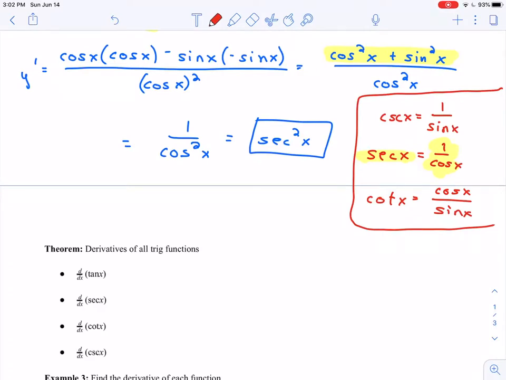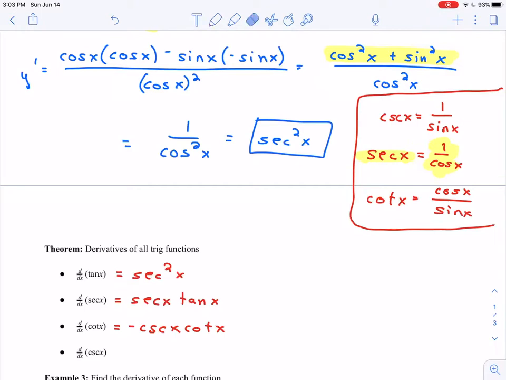So we said the derivative of tangent of x was secant squared x. The derivative of secant of x is actually secant x times tangent x. Derivative of cotangent of x, that is negative cosecant x times cotangent x. And the derivative of cosecant of x, and actually, hold on.